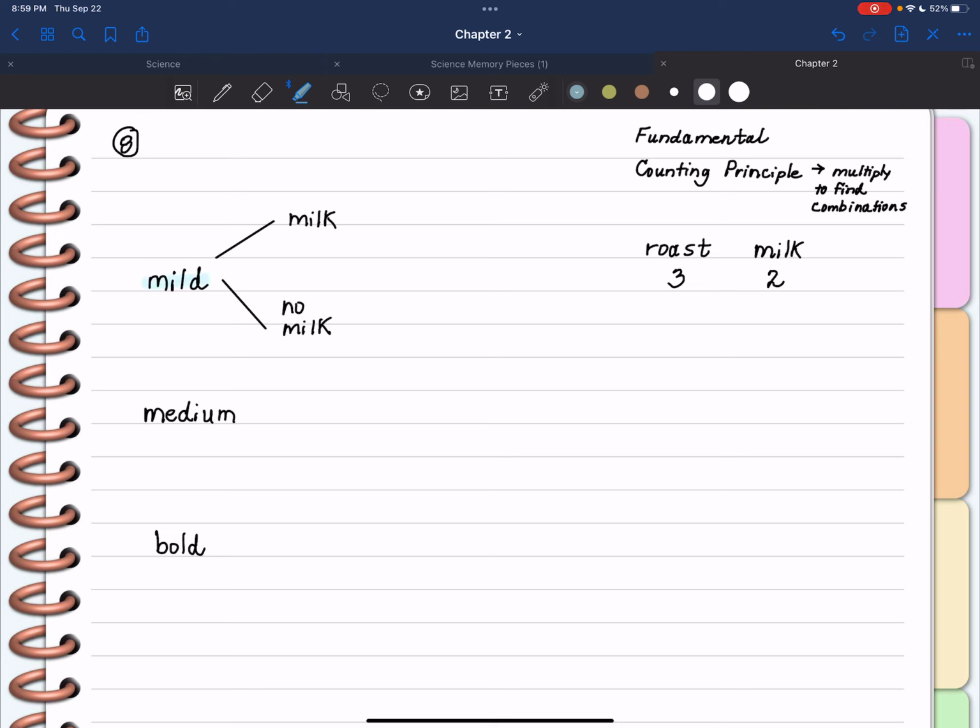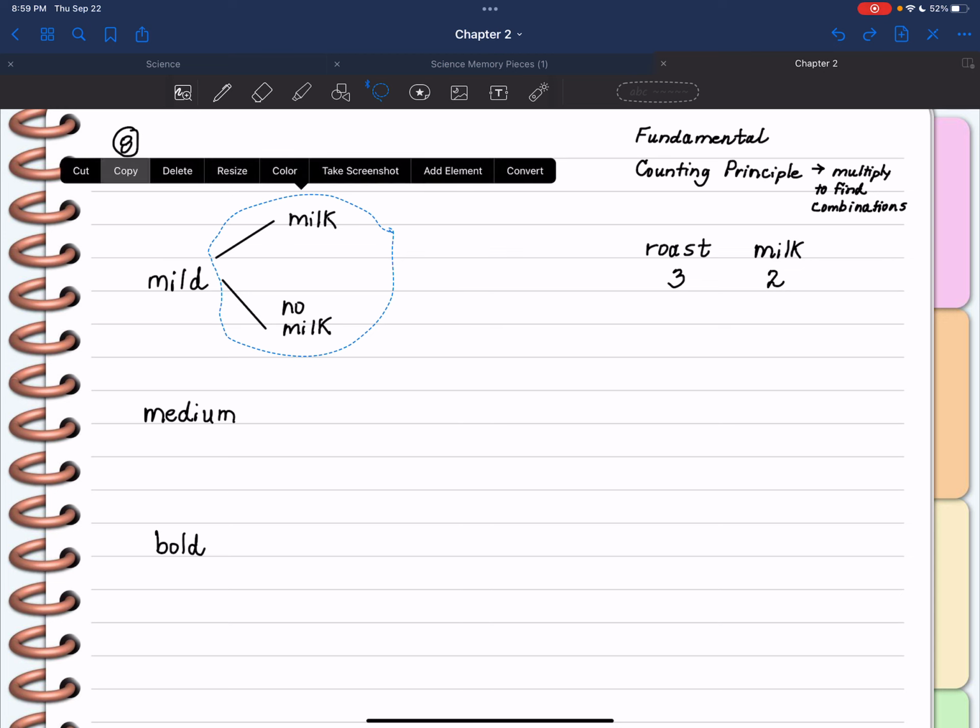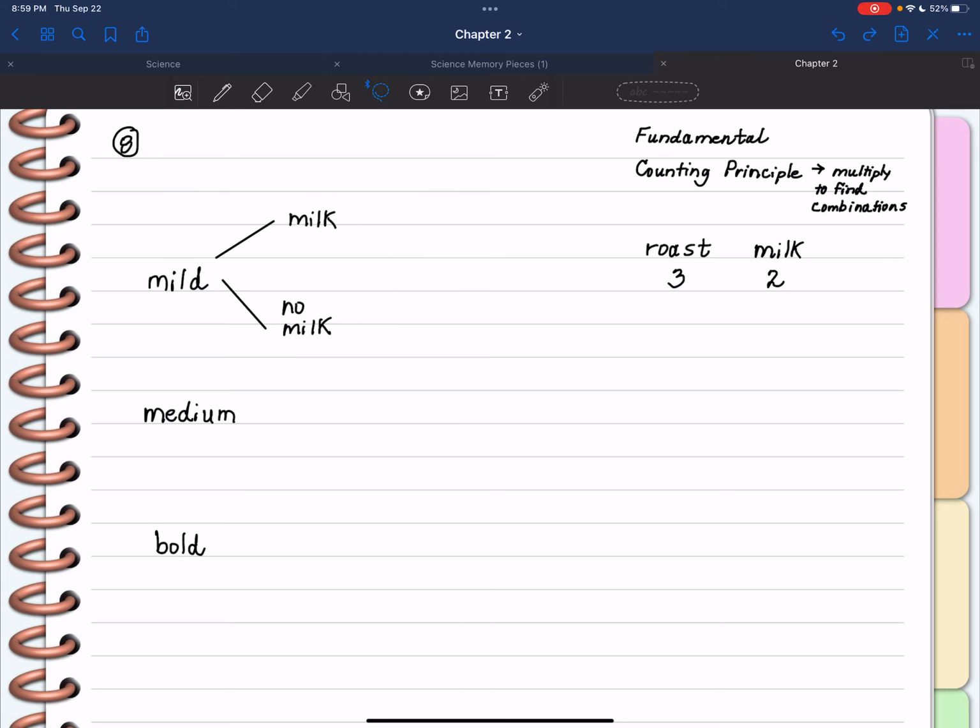I would say mild roast with milk. So I would follow that track. And rather than write this over and over, you can get medium roast with milk or no milk. And you can get bold roast with milk or no milk.